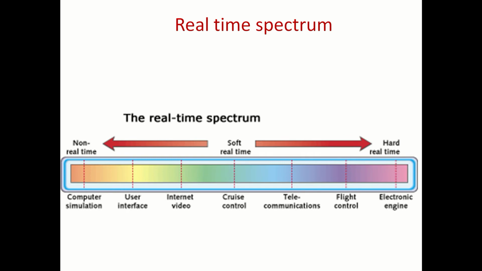If I look at my spectrum of applications, like I told you about computer, then you all know games, internet, or today we are talking about cruise control, telecommunication, flight control, engine control, and so on.